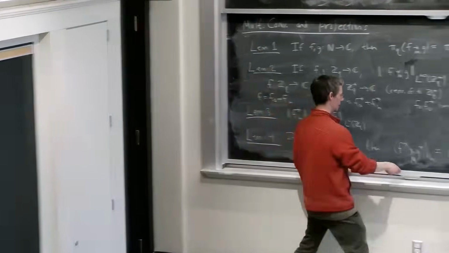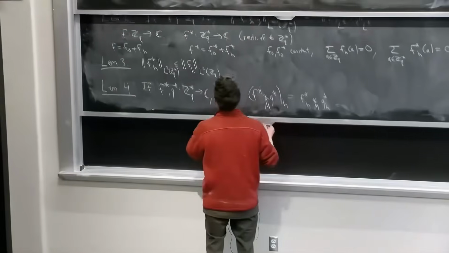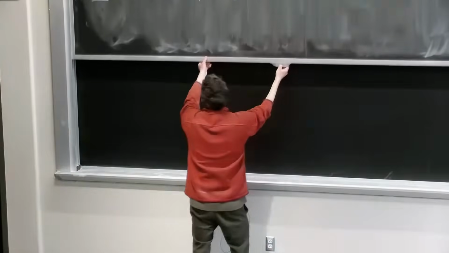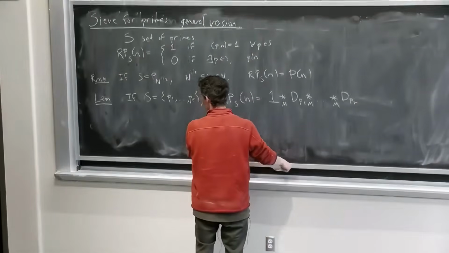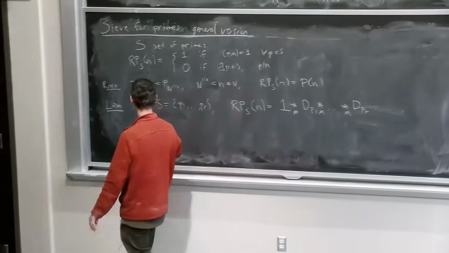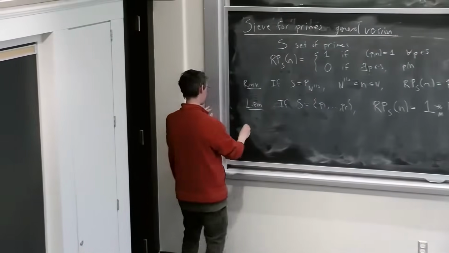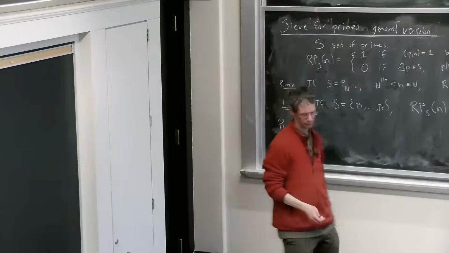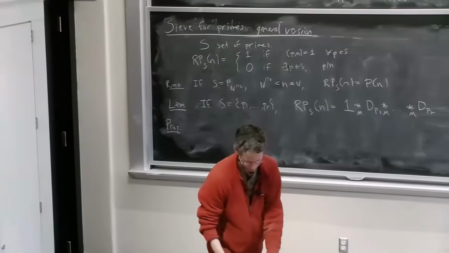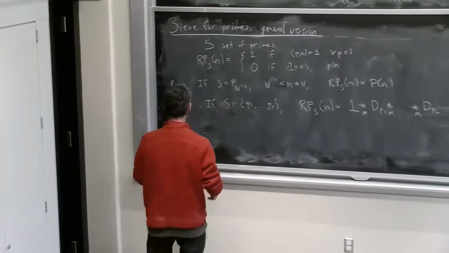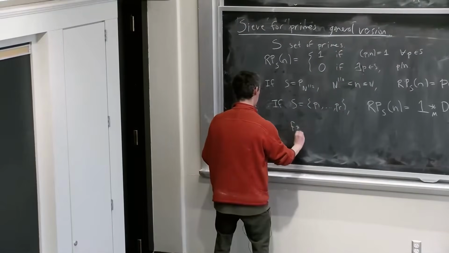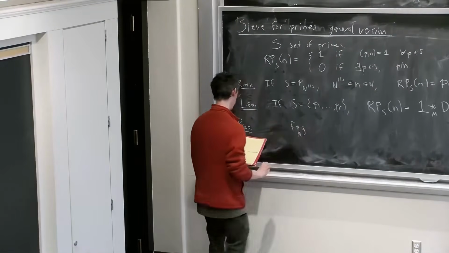OK, so all of these lemmas imply the following proposition. So maybe I have some multiplicative convolution f star g.